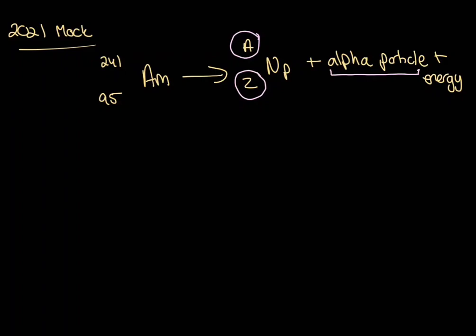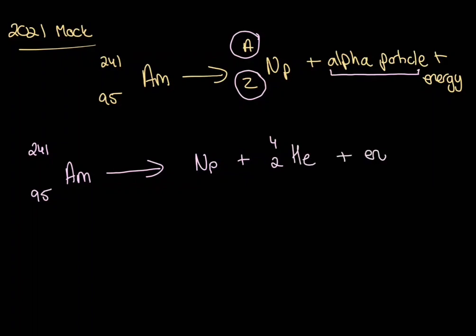So I'm going to write it out again. I'm going to just switch in the alpha particle. So now I can figure out what A and Z are.